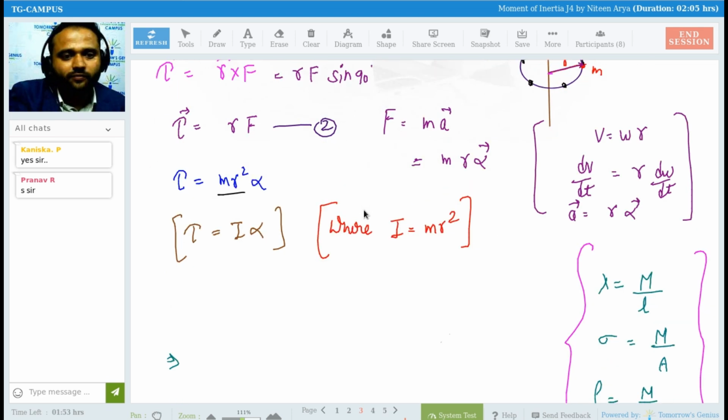So generally for one particle we have m r square. For n particles, r is going to be constant, right? So m1 r1 square, m2 r2 square.